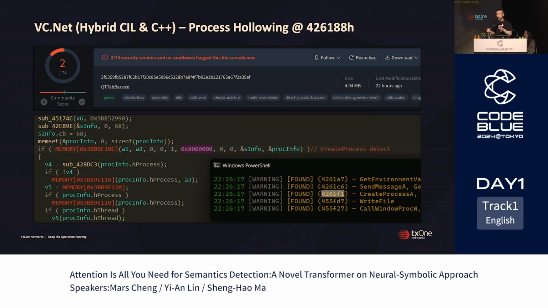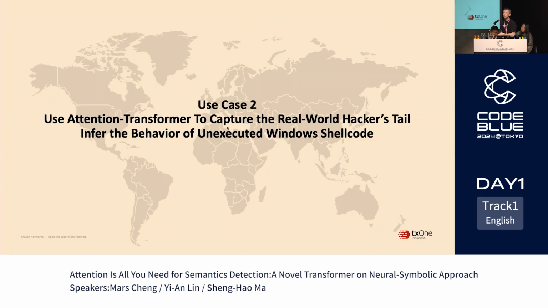If your detection engine cannot simulate the 2 parts of code at the same time, you won't see the whole picture of this binary's malicious behavior. Okay, I will hand over to Ian to share further how we use this AI engine on shellcode and commercial package detection.